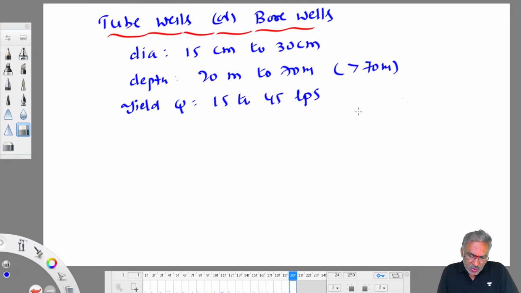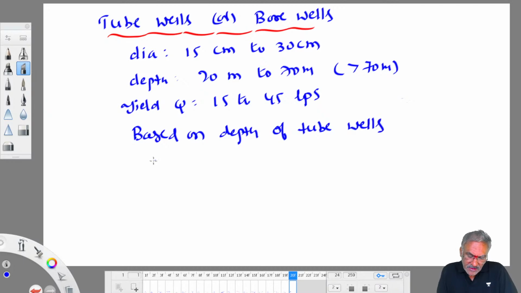So again, we have two types of tube wells. Based on depth of tube wells, they are classified into two categories. One is the shallow tube well, the second one is the deep tube well.